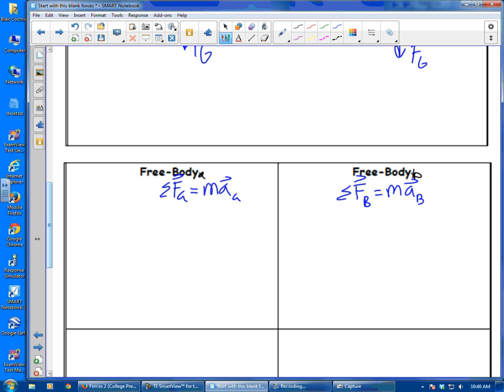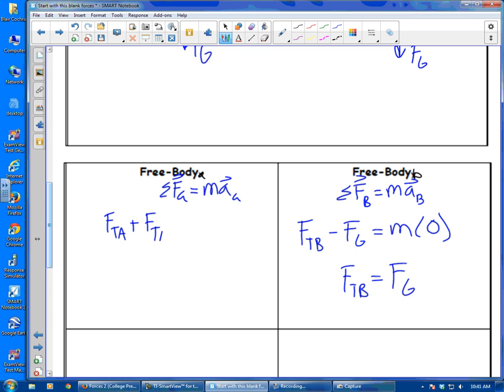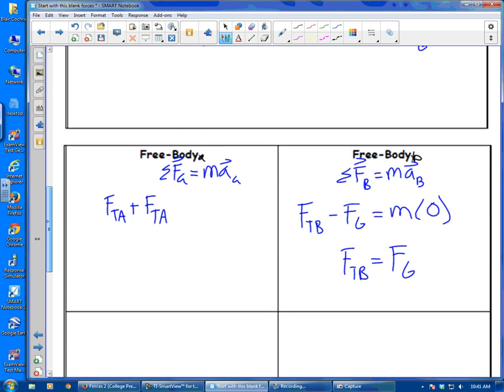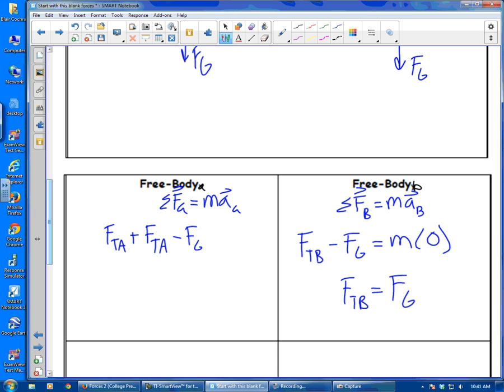And for B, are we going to take up as positive again? Okay. FTB minus FG equals M times 0. FTB equals FG. Over here, I've got FTA plus FTA, because both those are pointing upwards. And then downwards, I've got FG equals M times 0.